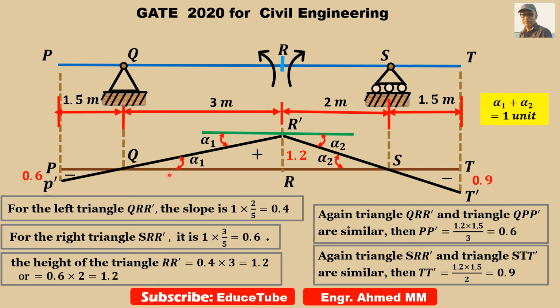Now let's move ahead to see, once we apply a uniformly distributed load on these cantilever parts, what will be the value for the maximum negative moment? So let's see that.